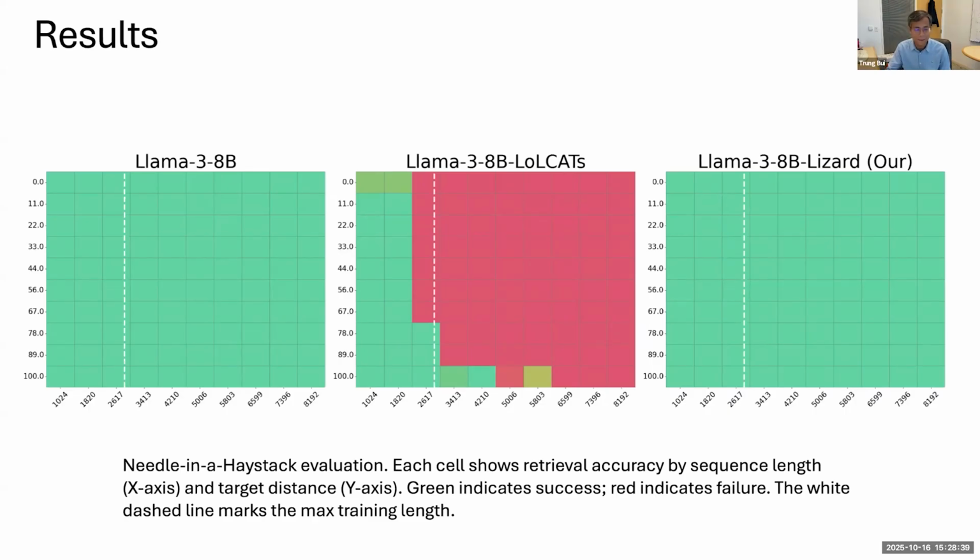The color code denotes that green indicates success and red indicates failure. You see that LoLCATs, the most recent linear attention method, actually suffers in this long context benchmark, needle in a haystack.